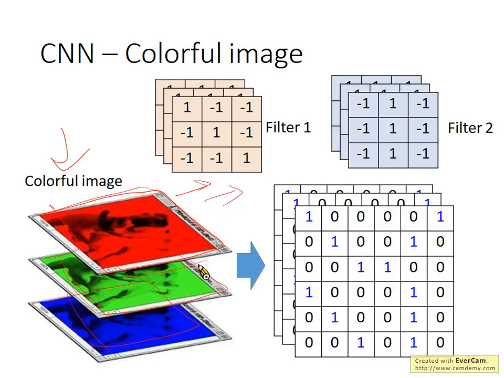For the green channel, we will have another 2 feature maps. For the blue channel, we again have 2 feature maps. So finally, based on 2 filters, we have a total of 6 feature maps. And then we use these 6 feature maps to do the following process. So the same process can be done for a colorful image. We just repeat it. We just separately do it for different color channels.